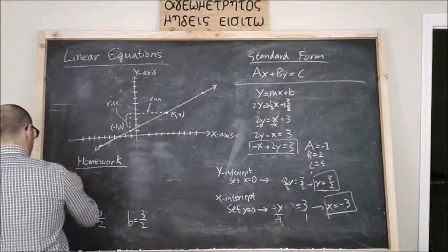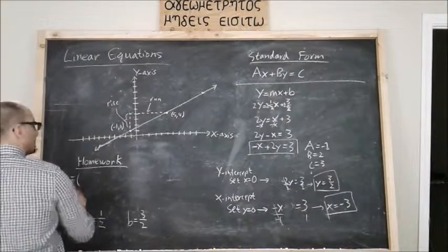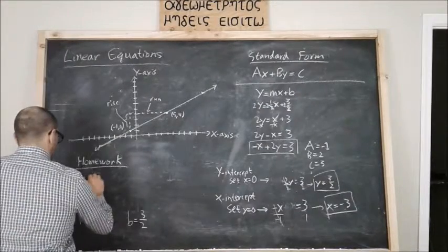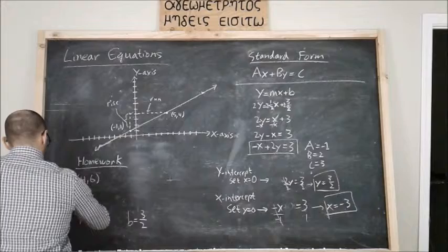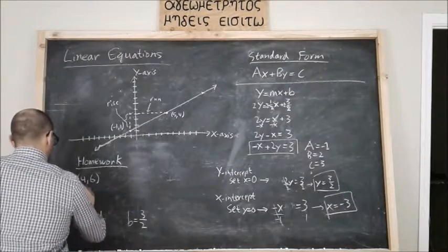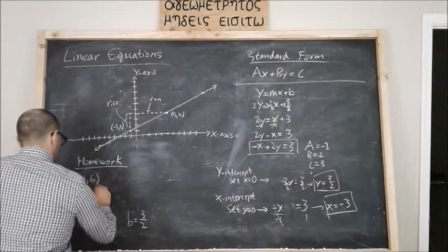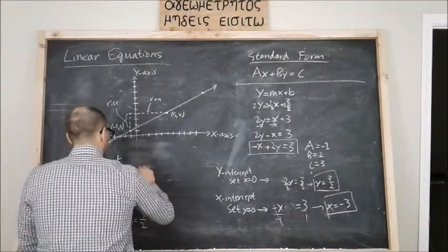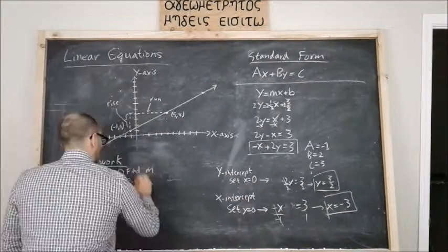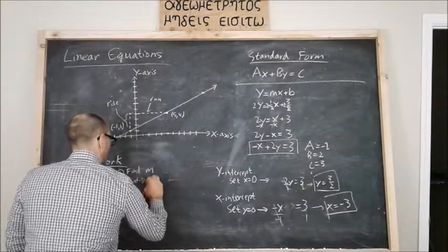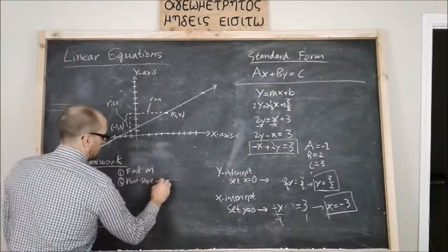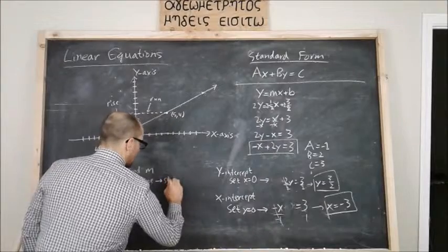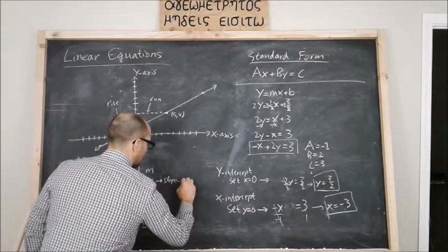So given that point 1 is equal to (4, 6) and point 2 is equal to (-3, -3), I want you to find the slope m. Then with point-slope form, you're going to convert that to slope-intercept form.